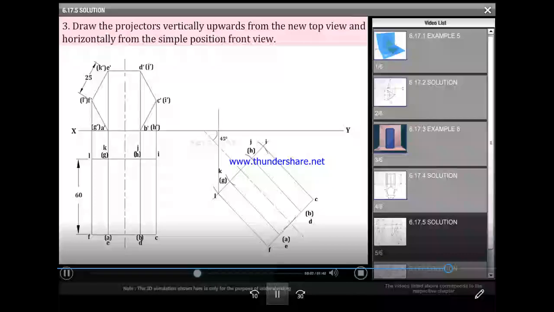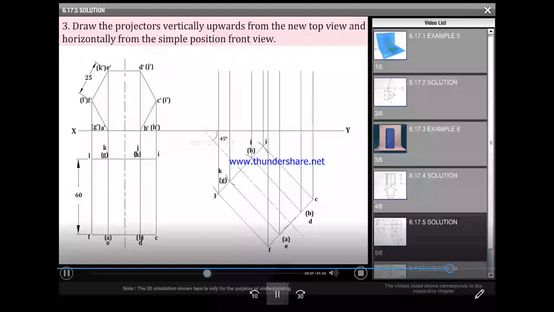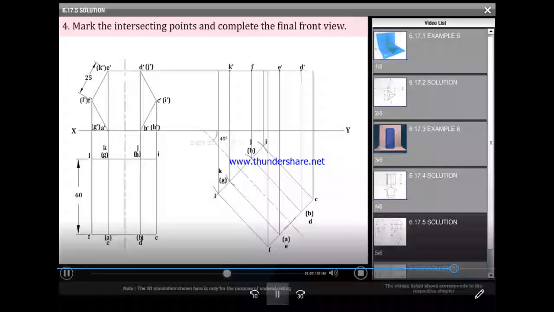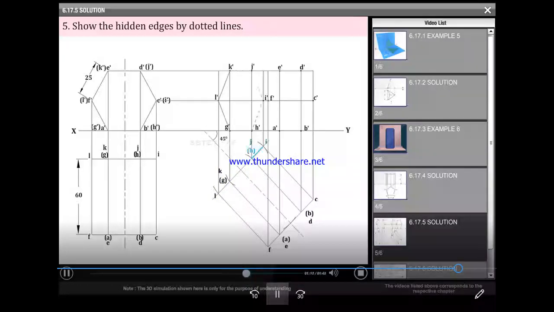Draw the projectors vertically upwards from the new top view and horizontally from the simple position front view. Now mark the intersecting points and complete the final front view. Show the hidden edges by dotted lines. Darken the final front view and top view with HB pencil.